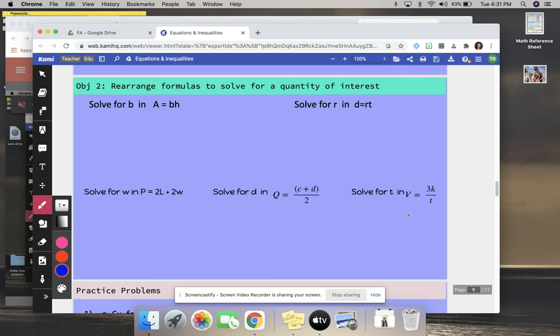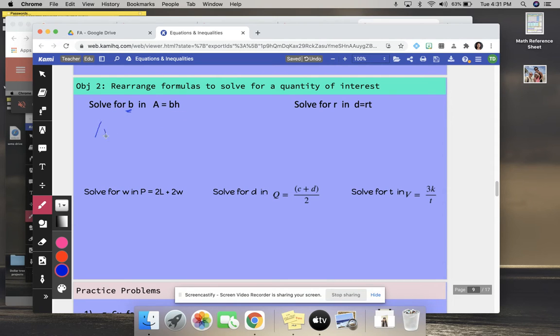Okay, objective 2 is rearrange formulas to solve for a quantity of interest. So for this, it's asking us to solve for B. Our goal is to get B by itself. I have A is equal to B times H. Again, the opposite of multiplication is division.